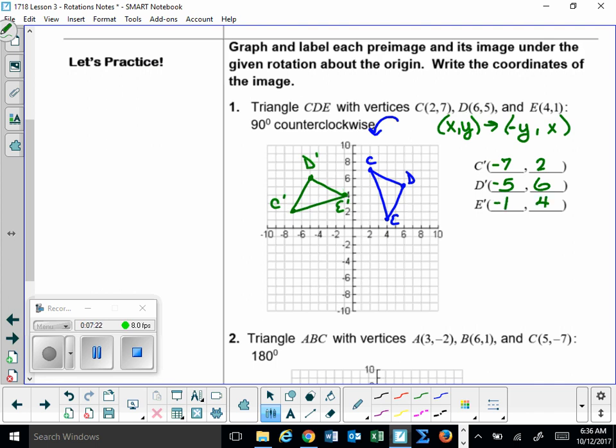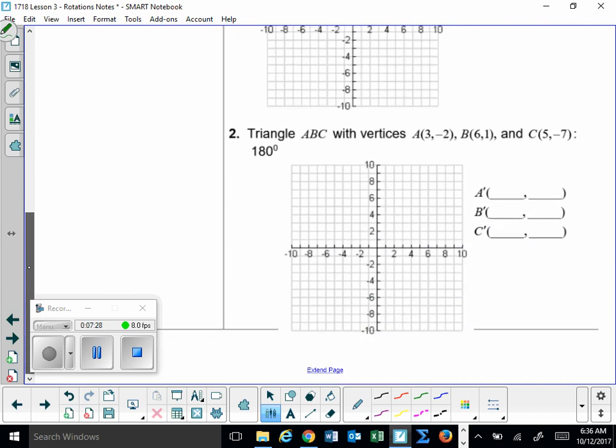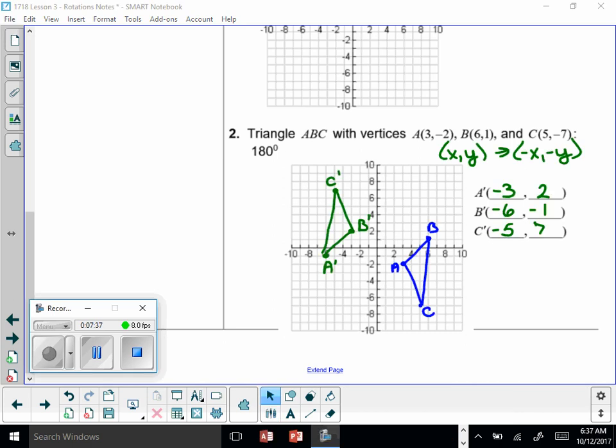Negative 1, 4, that matches what I graphed. Okay, I want you to pause the video and try number 2. You can do it visually or by reasoning it out, or you can use the rule. That's up to you. Okay, stop for a minute and check your work.